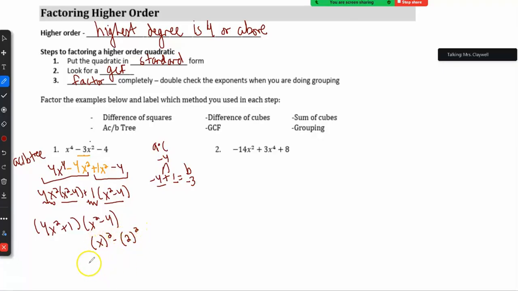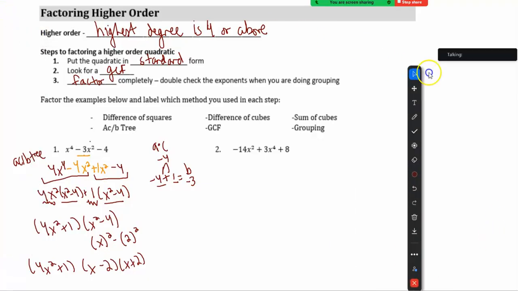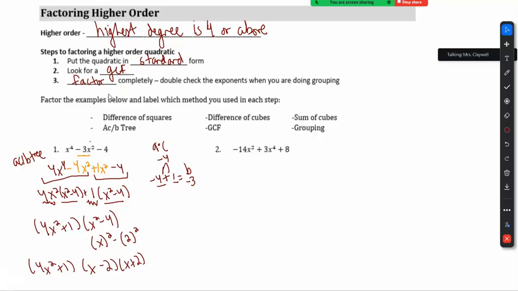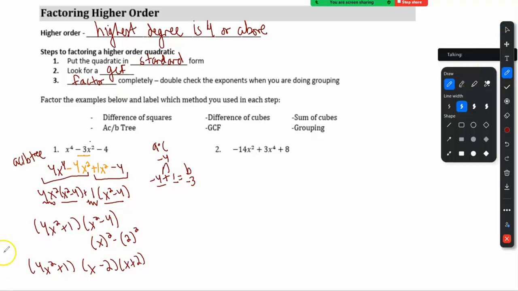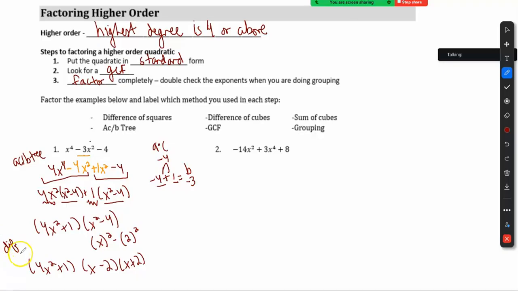This is an x and a 2. So go from this row to this row. I use difference of squares at the end.